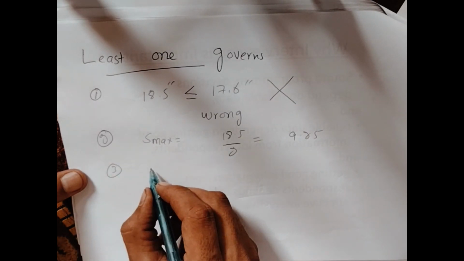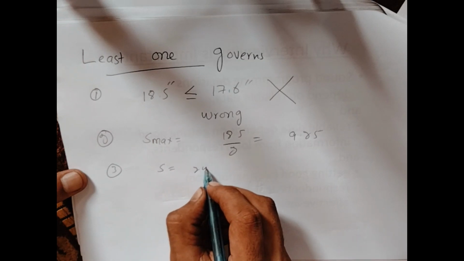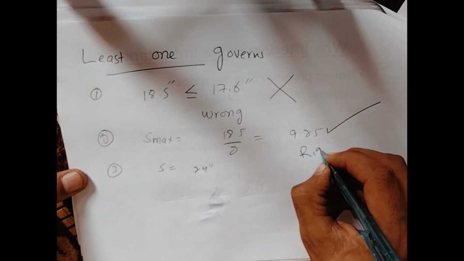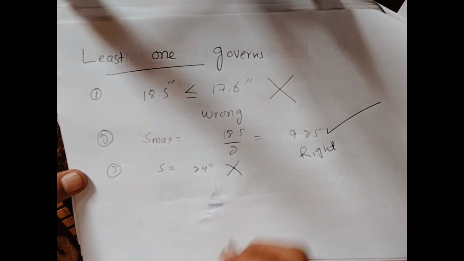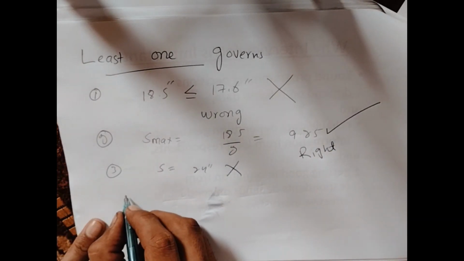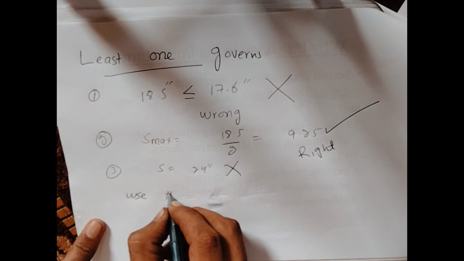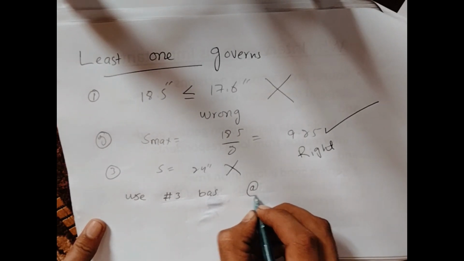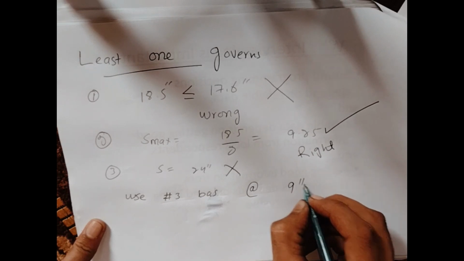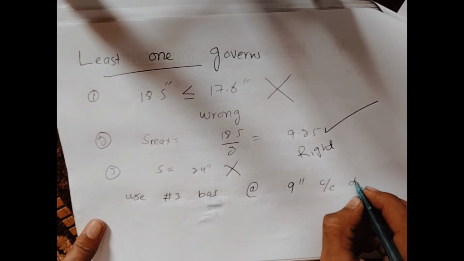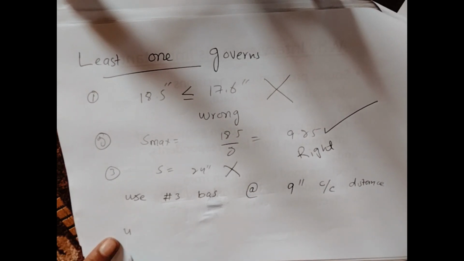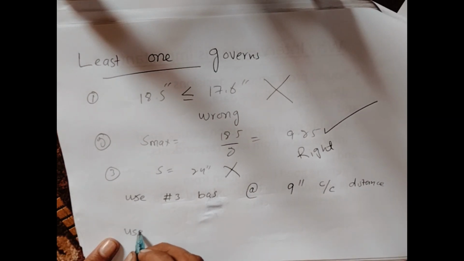Now the third one is S equal to 24 inches. You can see in the three checks that the least one governs. The least one is 9.25, which is our design spacing. So we will use number 3 bar at 9 inches center to center distance between the two stirrups. So this was all about the shear design of the beam.